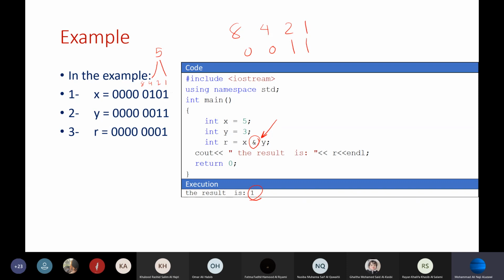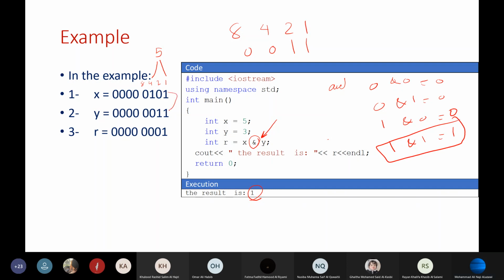Remember the AND here: 0 and 0 gives me 0. 0 and 1 gives me 0. 1 and 0 gives me 0. Only 1 and 1 will give me 1. So in this case, 1 and 1, for sure it's 1. 0 and 1, 0. 1 and 0, 0. 0 and 0, 0.